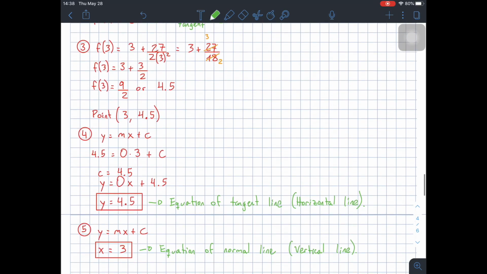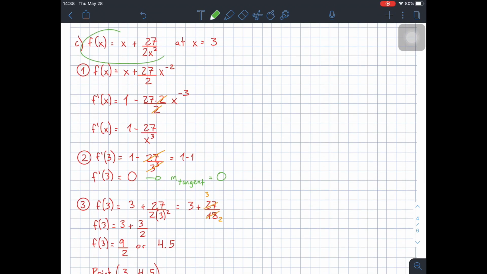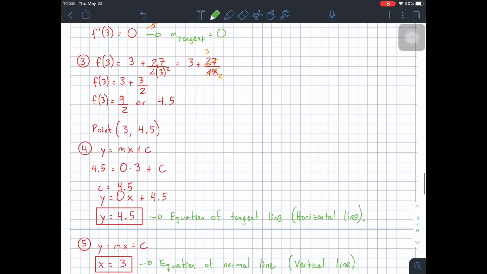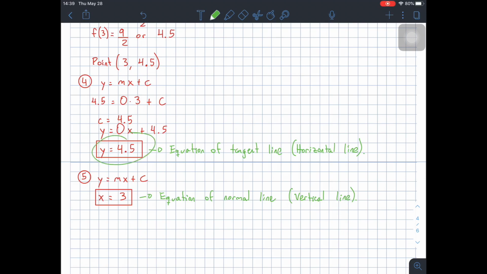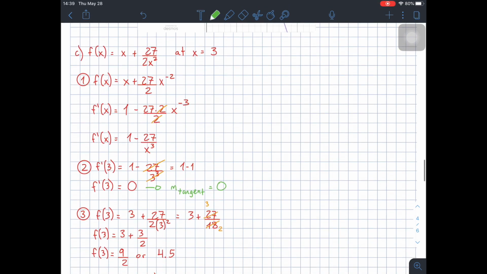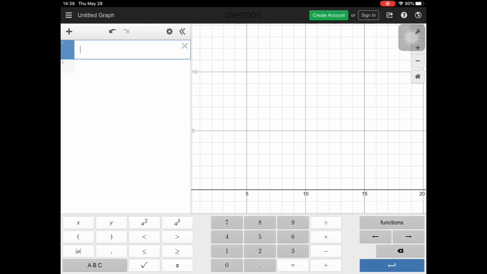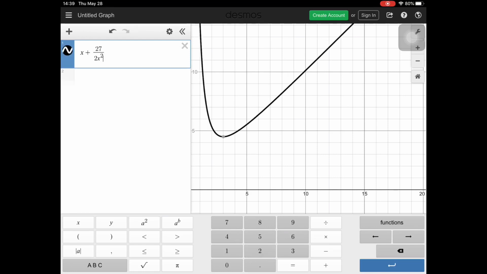Let's see what happens if I plot the original function, which is this one over here, and both the tangent line and the normal line. So I'm going to plot x plus 27 over 2x squared. That's the function.